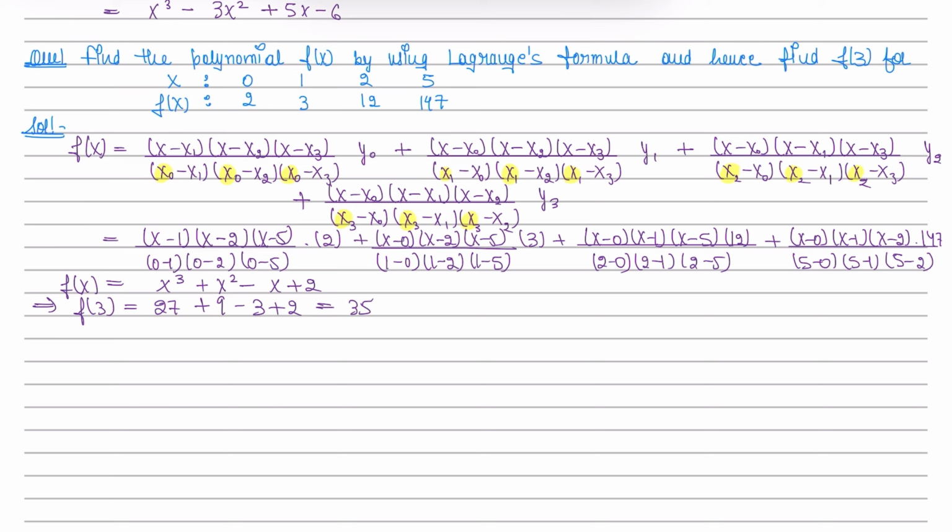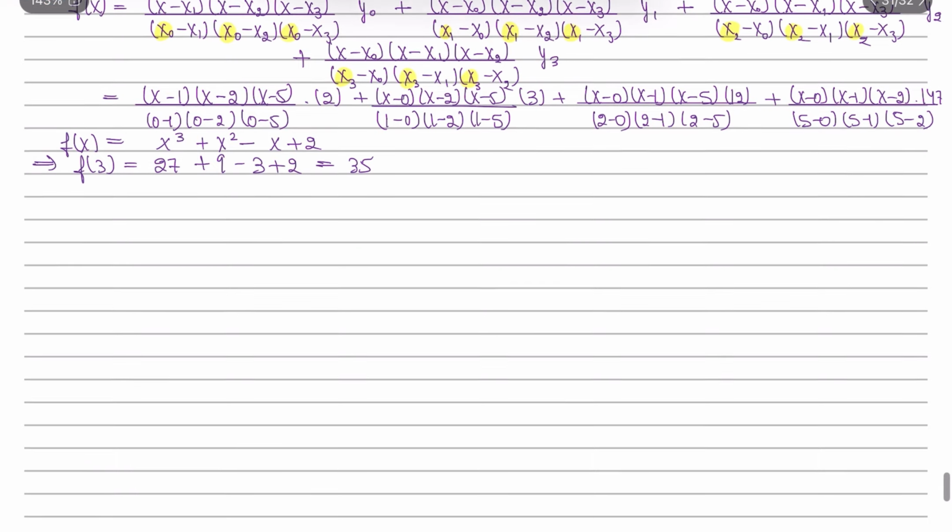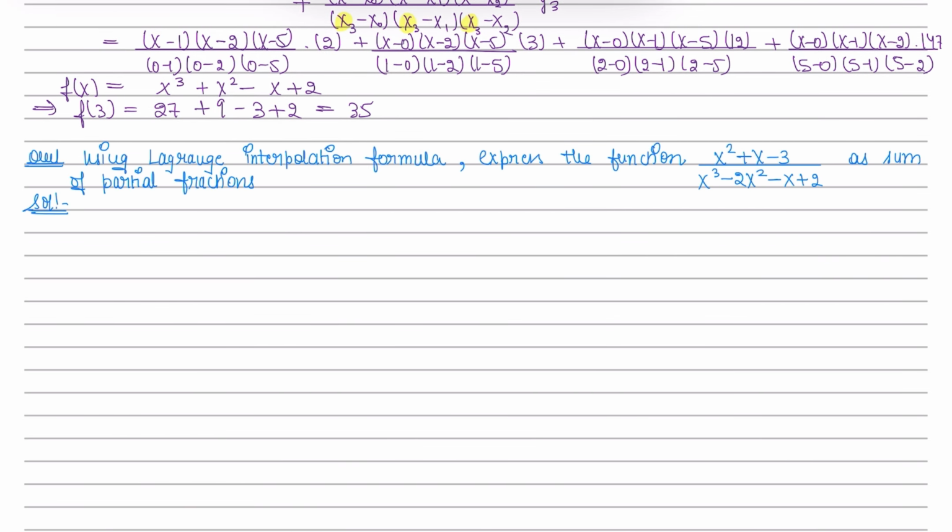Let us try some different question based on this method. The question says, using the Lagrange interpolation formula, we have to express the function as a sum of partial fractions.